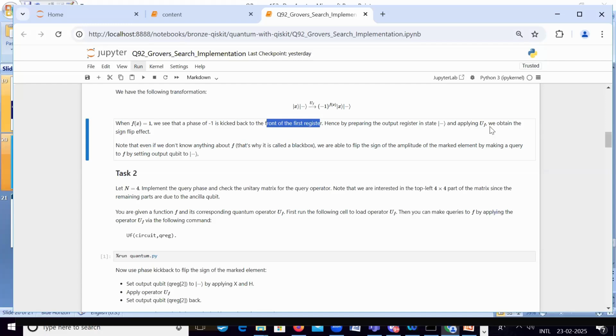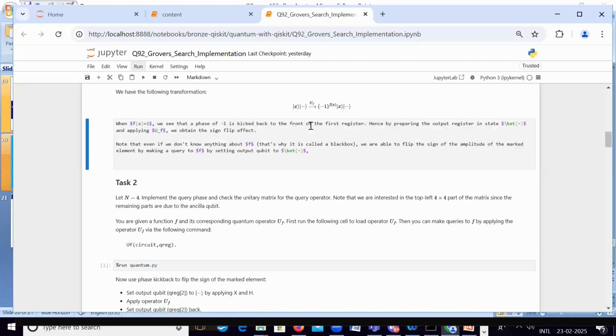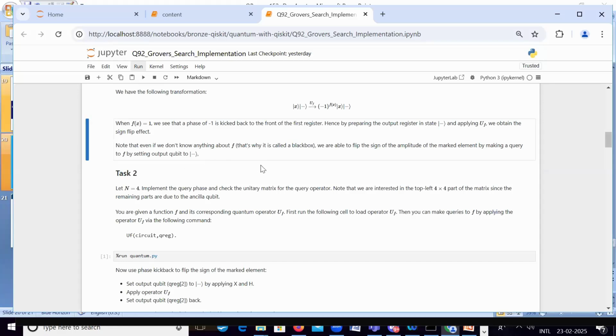Means by applying these functions, the amplitude of the state is changed, and that is registered as marked in the register.